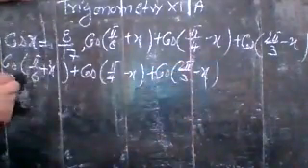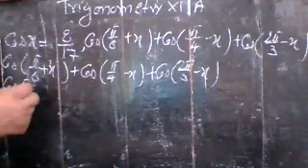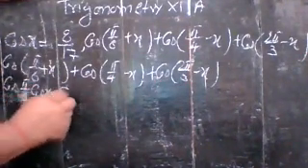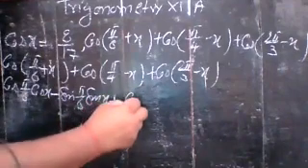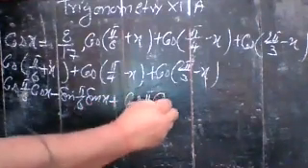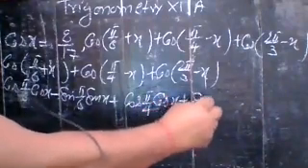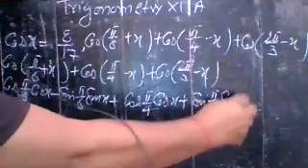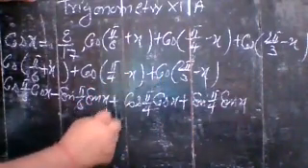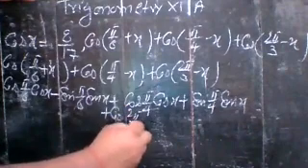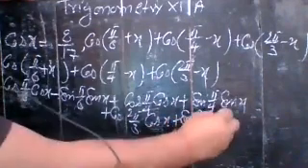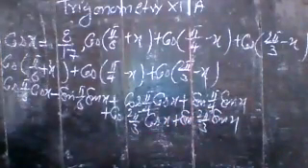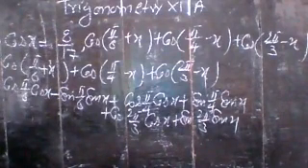Now applying the identity: cos pi by 6 cos x minus sin pi by 6 sin x, plus cos pi by 4 cos x plus sin pi by 4 sin x, plus cos 2 pi by 3 cos x plus sin 2 pi by 3 sin x. Here you apply the identity of cos(x plus y) and cos(x minus y).